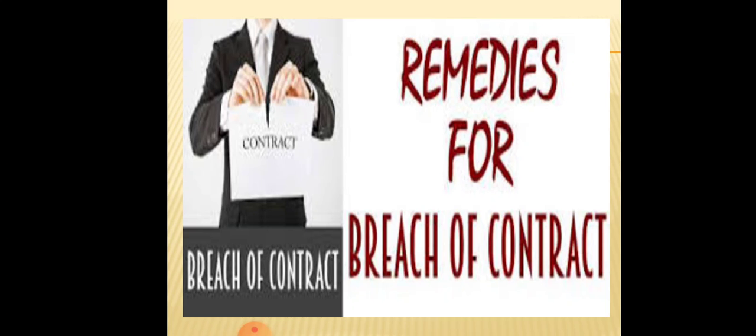So in these cases there may be a breach of contract. A party may fail to perform their duty in a particular manner according to the contract or agreement. There are many reasons by which the contract may be breached. So in this lecture we are going to discuss the various remedies which are available.